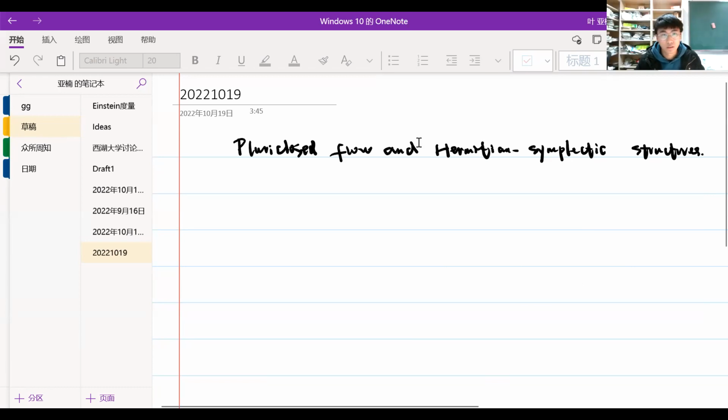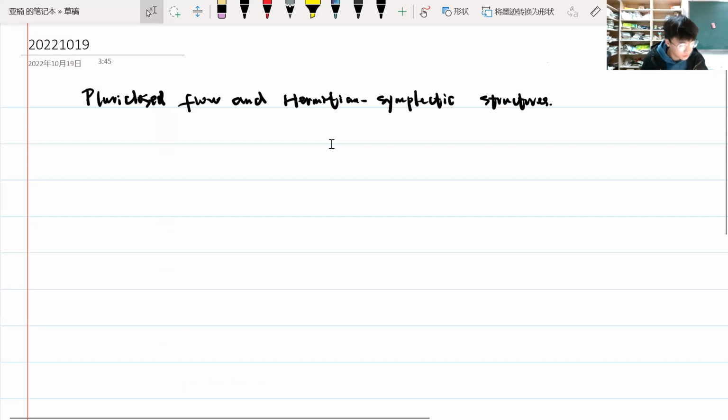And today I'd like to talk about my recent preprint about the pluriclosed flow and the Hermitian symplectic structure. Firstly, let's review some basic notations and facts about pluriclosed flow and the Hermitian symplectic structures.